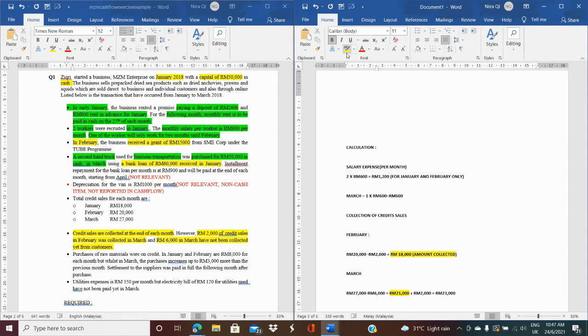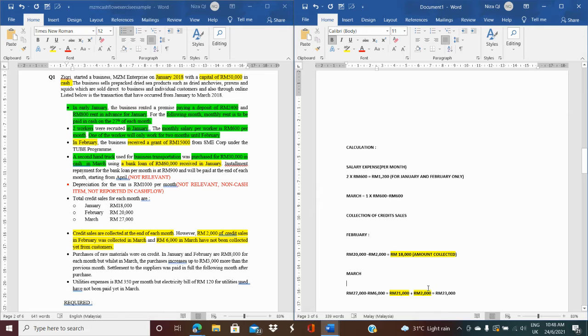But it also stated that the balance of February will also be collected in March. So another collection, this is actually for February sales. 2,000. So you have to add to the 21,000. So how much will be the amount collected in that month?